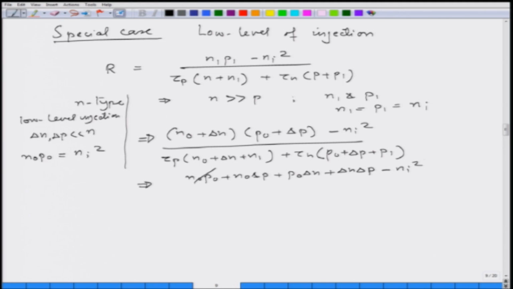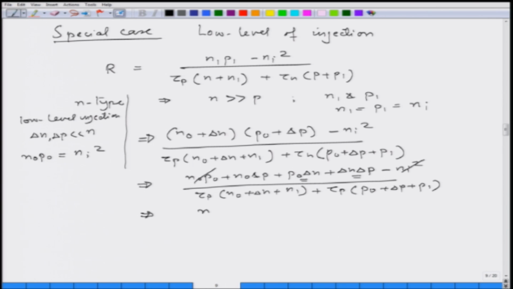You can immediately see that this cancels, and in the denominator I still have n naught plus delta n. Since this is a low level of injection, one can immediately see that the delta n delta p term is going to be very negligible, and since it is a majority carrier device, p naught is much smaller, so that term is also negligible.